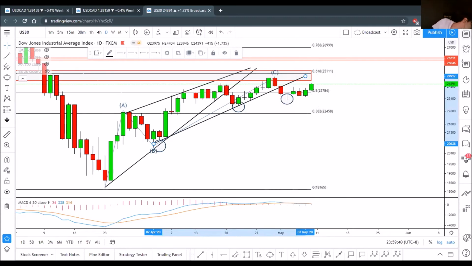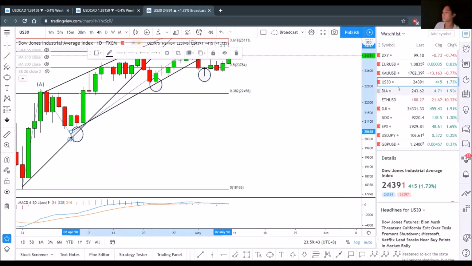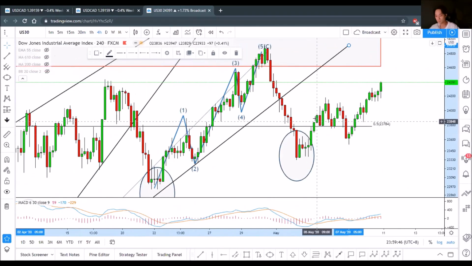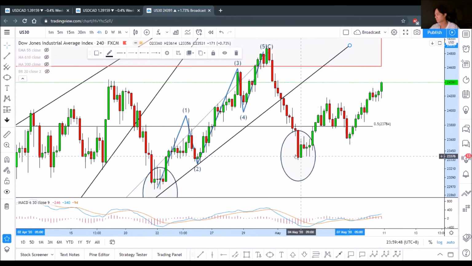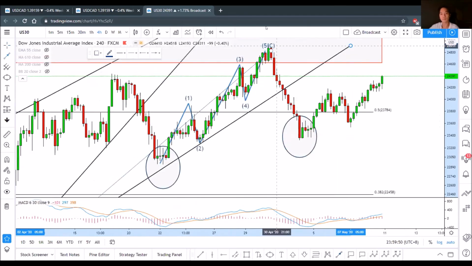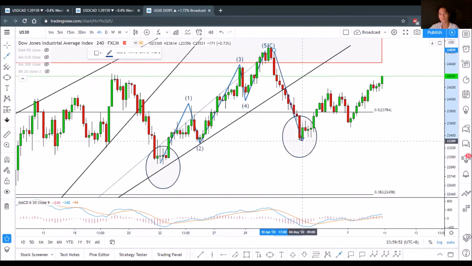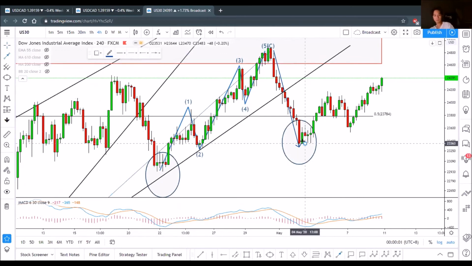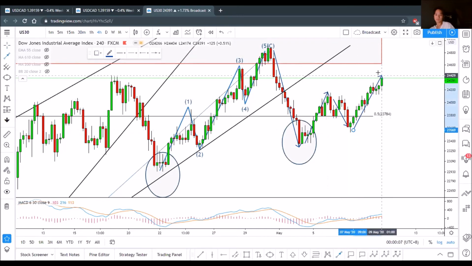So let's go and take a look at the smaller time frame, say the 4 hourly chart. In the 4 hourly chart, we can clearly see that the price came down in a pretty strong bearish trend, not really strong, but consistent. Then it pulled back once, came down a little bit again, and pulled back a second time.